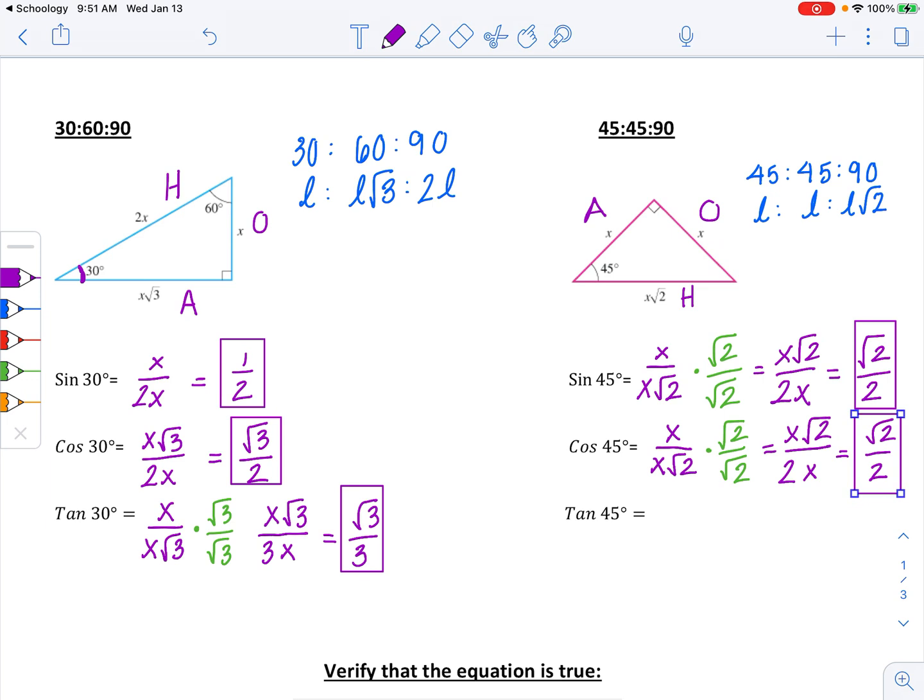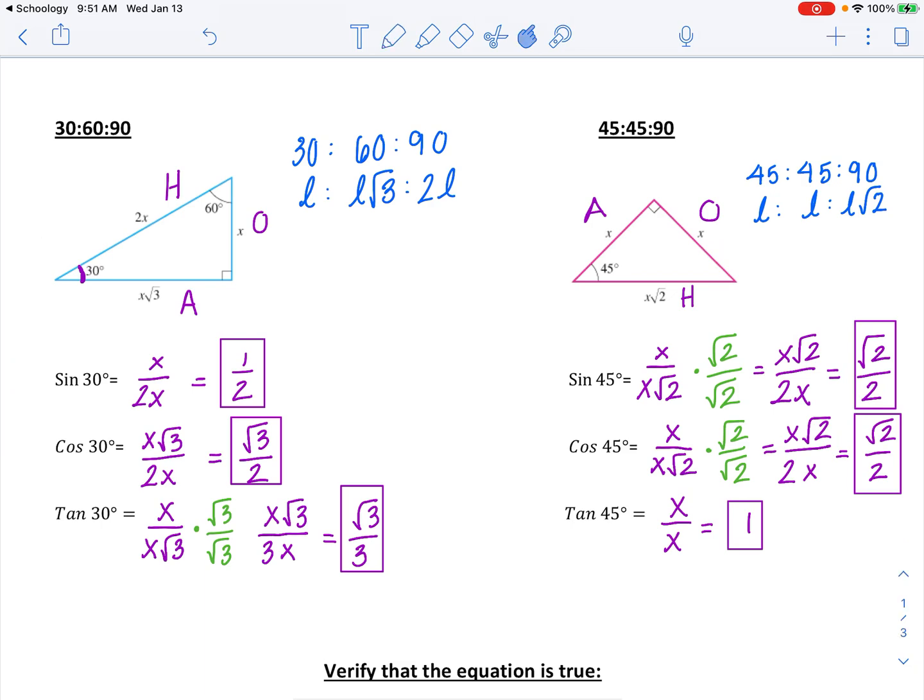You'll be loud and proud and say root 2 over 2. Tangent's our last one, which is opposite over adjacent, which just simplifies to 1. If you need to write these out at the beginning of every homework assignment, go for it. If you're starting to get those in your noggin and they make sense, even better.